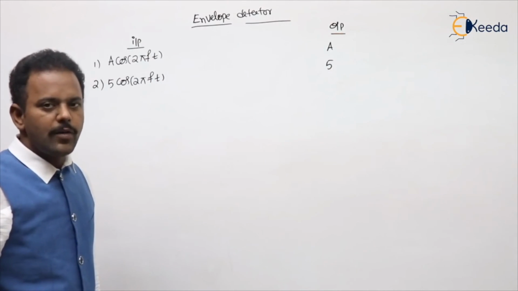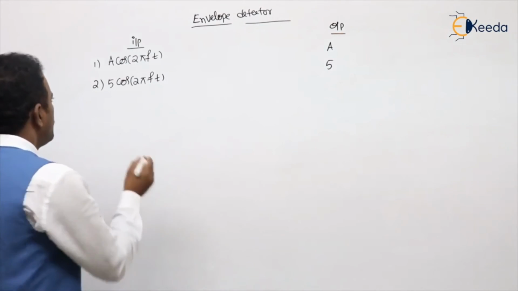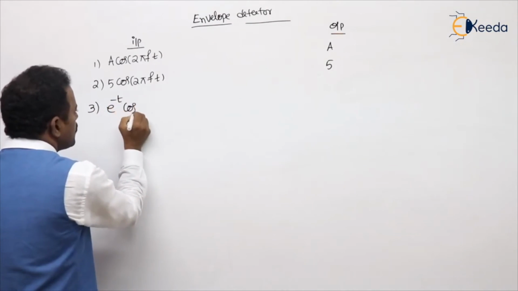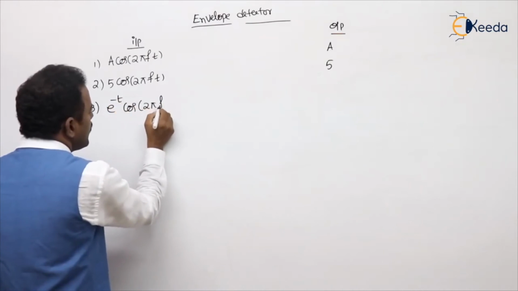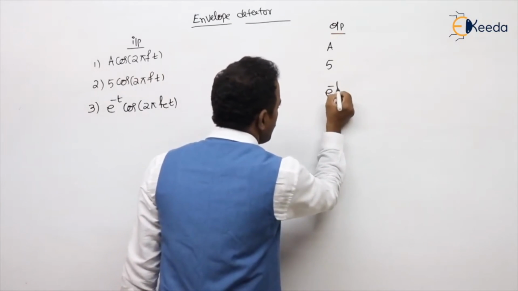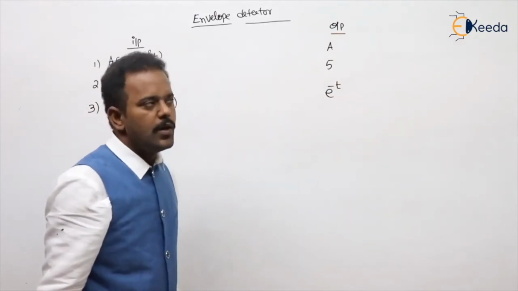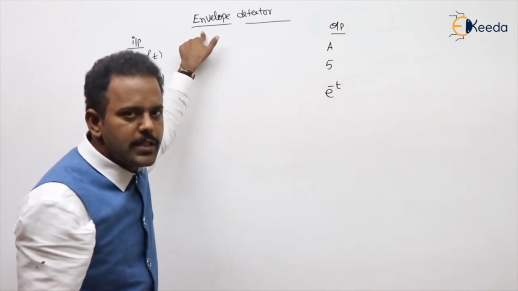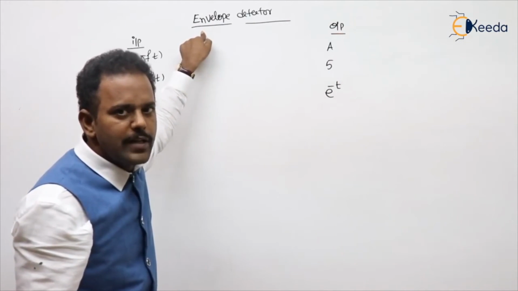The envelope detector is giving the envelope. For example, if I give e power minus t into cos 2 pi fct, where fc means carrier, just for example, what is its envelope? E power minus t. So the envelope detector gives the positive peaks or the envelope of a given signal.